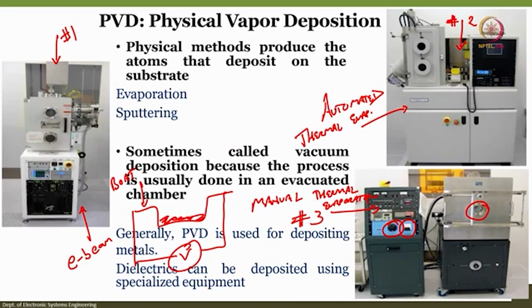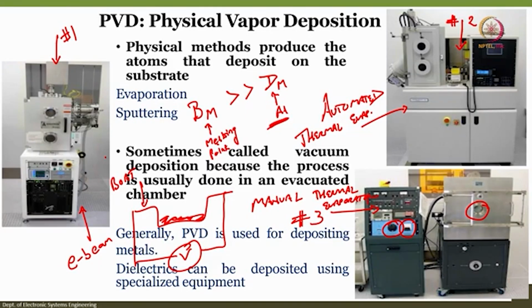So, always understand that the material used for the boat should have a way higher melting point compared to the material that we use for deposition. Here the material that we use for deposition was aluminum. The material that we use for the boat should have way higher melting point compared to aluminum, right. That is a very important point.